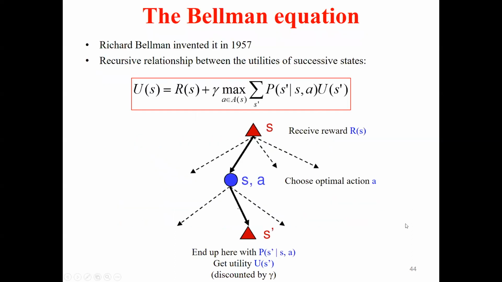There's a Bellman equation which gives a relationship between the utility of a given state and the utility of the successor states. It says that the utility of a state is the reward of the state plus gamma times, whatever be the best action that you might have picked, the overall expected utility corresponding to the successor state. This is the Bellman equation, which was invented by Richard Bellman in 1957.